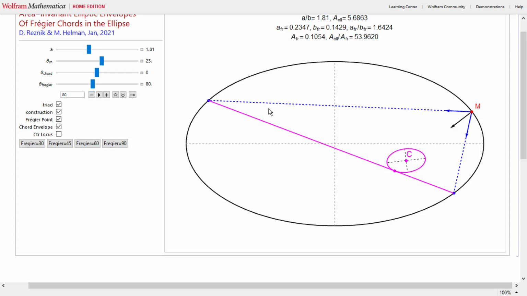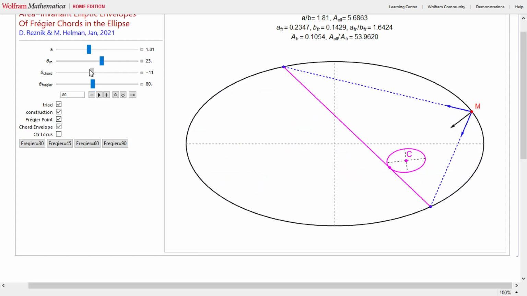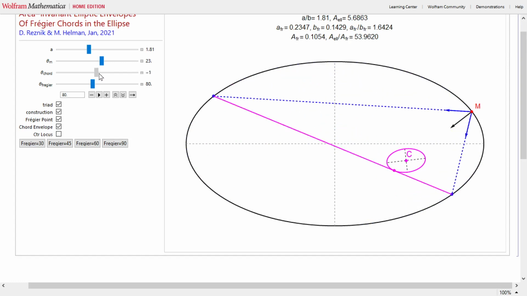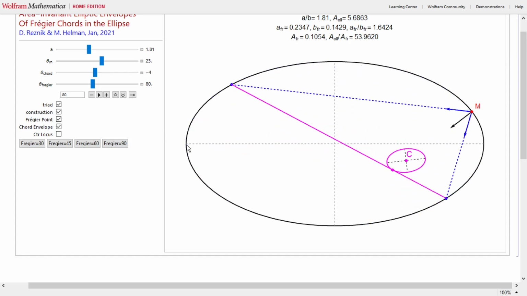This is showing the following: as I vary that pair of blue arrows, which are 80 degrees apart from each other, they're now sweeping a family of chords, the pink chords, whose envelope is an ellipse. It's not axis aligned, nor does it have the same aspect ratio as the outer ellipse.